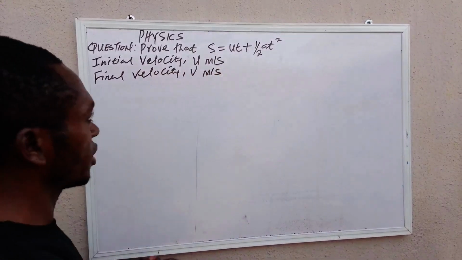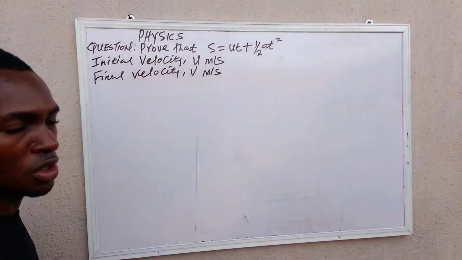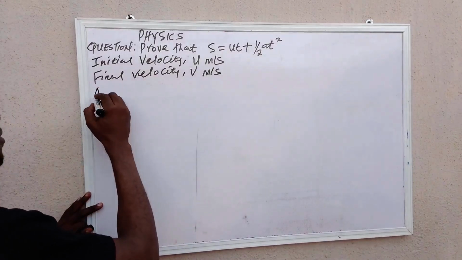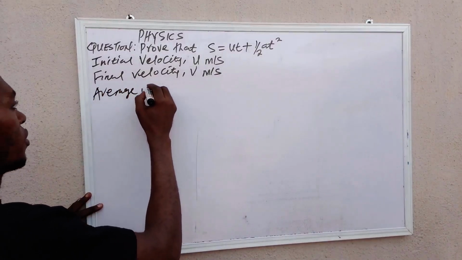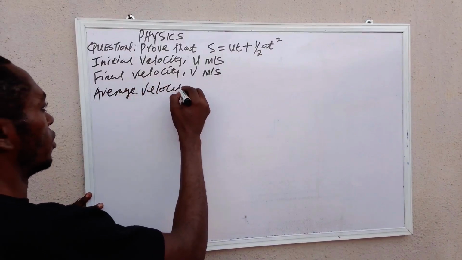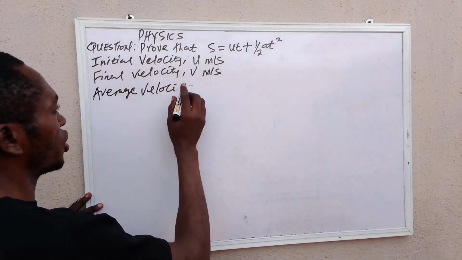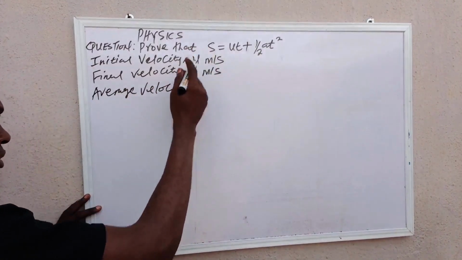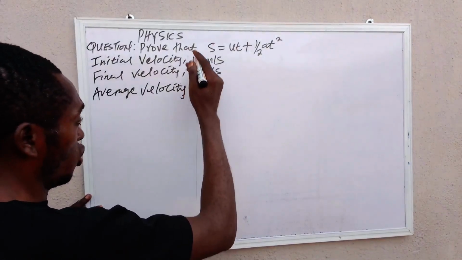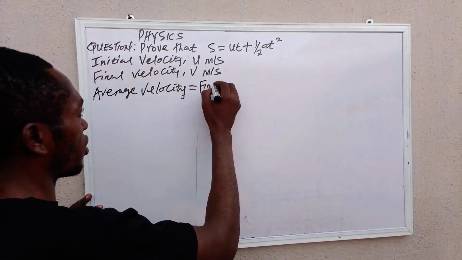So what you do next is to look for the average of this velocity. The average velocity is going to be, to take the average of these two parameters, we add them together.